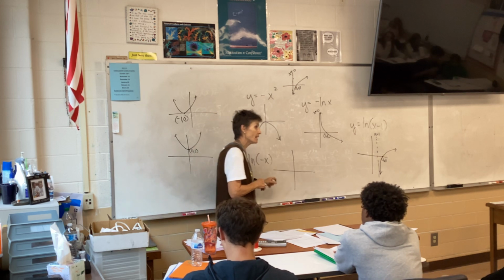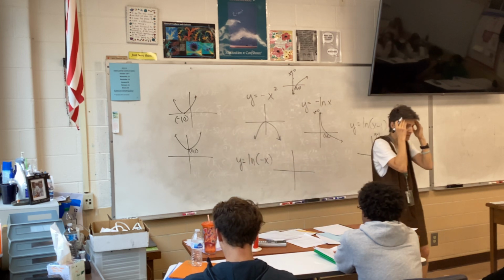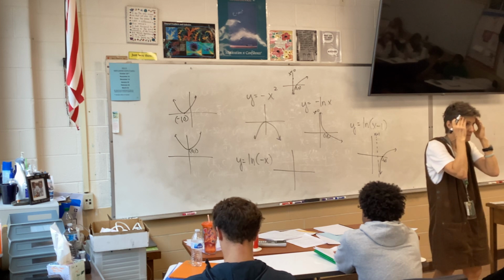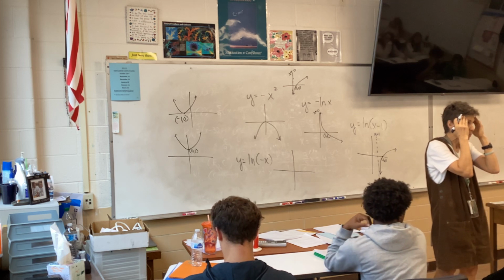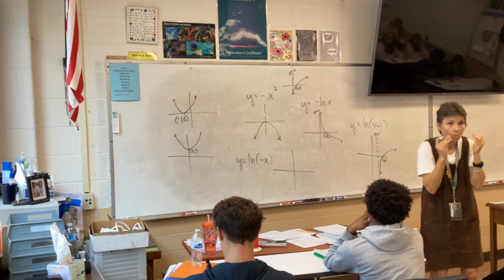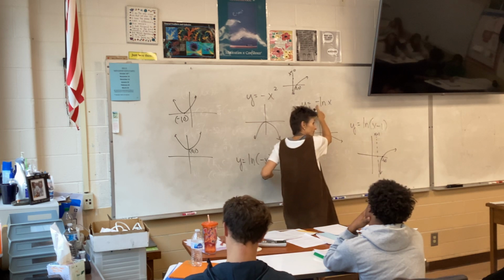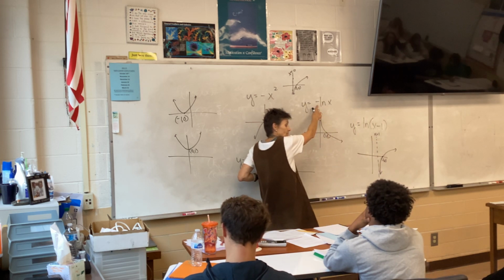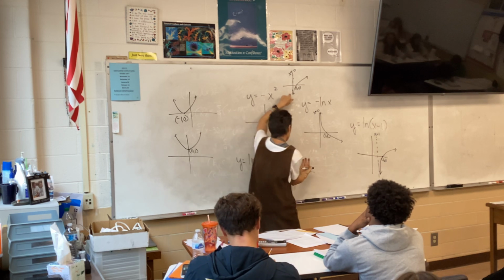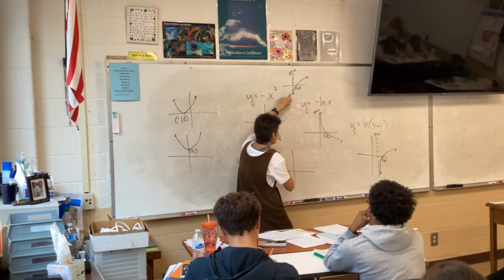When you change the sign on X, think back. It's not a reflection on the Y. When you change the sign on X, that's symmetry about the y-axis. So this is a flip across the y-axis. That negative is different than this negative. Can everybody see? So this is gonna take my original picture and literally fold it across the y-axis.